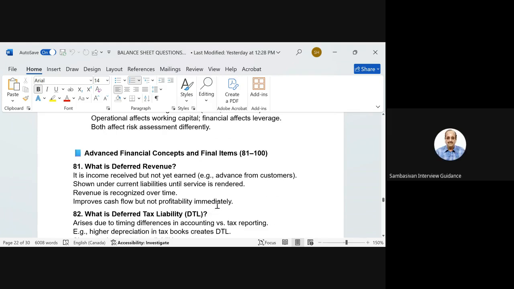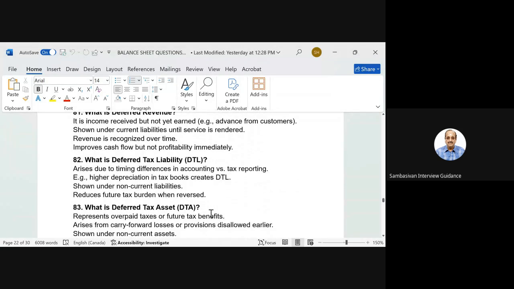Yes, that is when, for example, internet companies and cell phone companies receive money from us for 1 year, up to December. At the end of March, they will show the 9 months advance that we have paid as deferred revenue. It cannot be taken to income immediately.